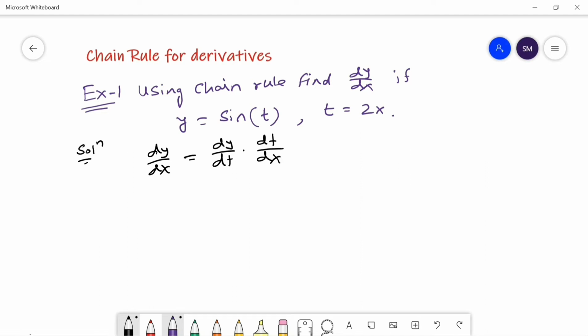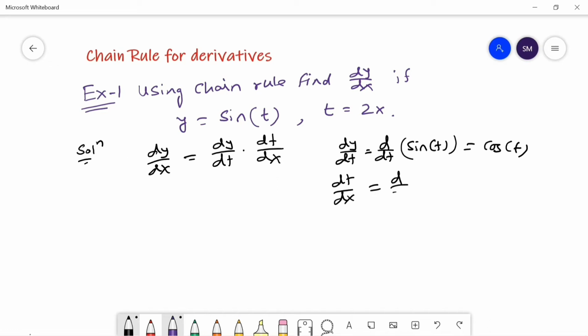So dy/dt, which is d/dt of sin t, is equal to cosine t, and dt/dx is equal to d/dx of 2x, which is equal to 2.